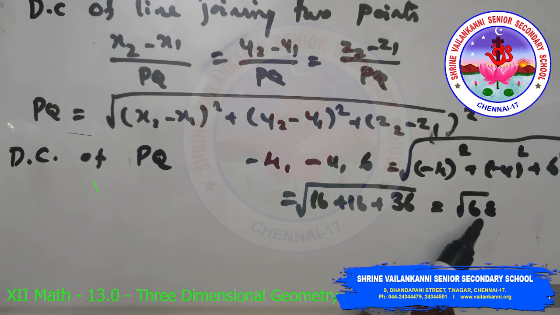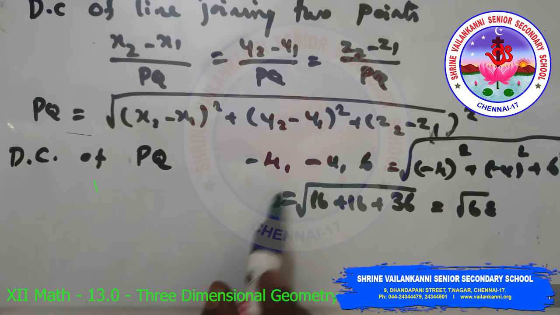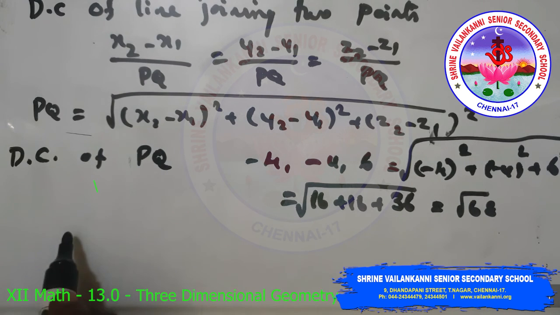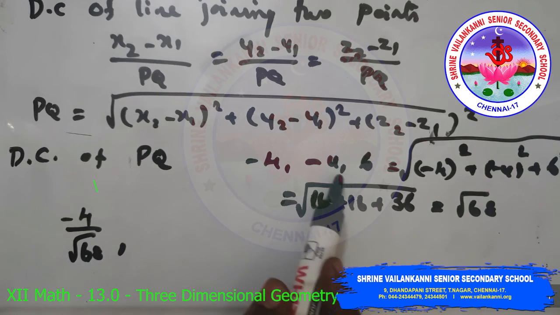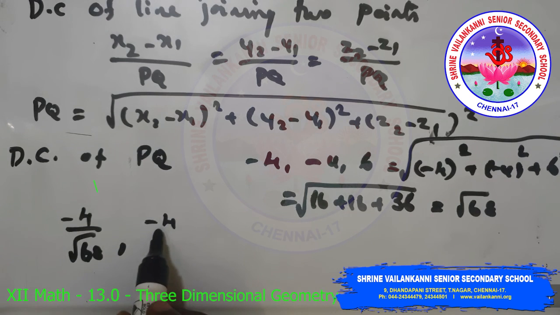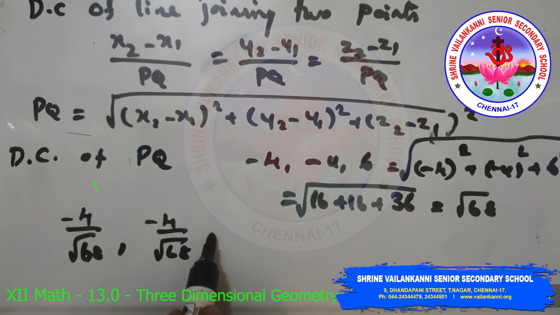So PQ is root of 68. So DCs of PQ are minus 4 by root 68, minus 4 by root 68, 6 by root 68.